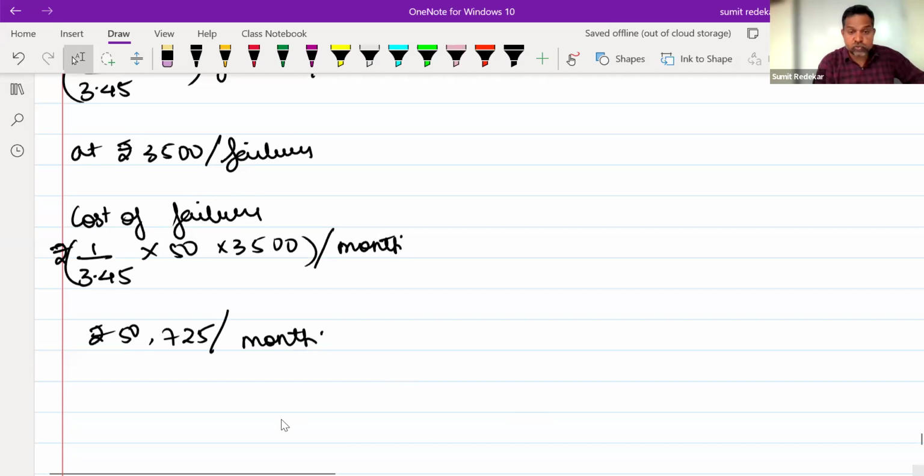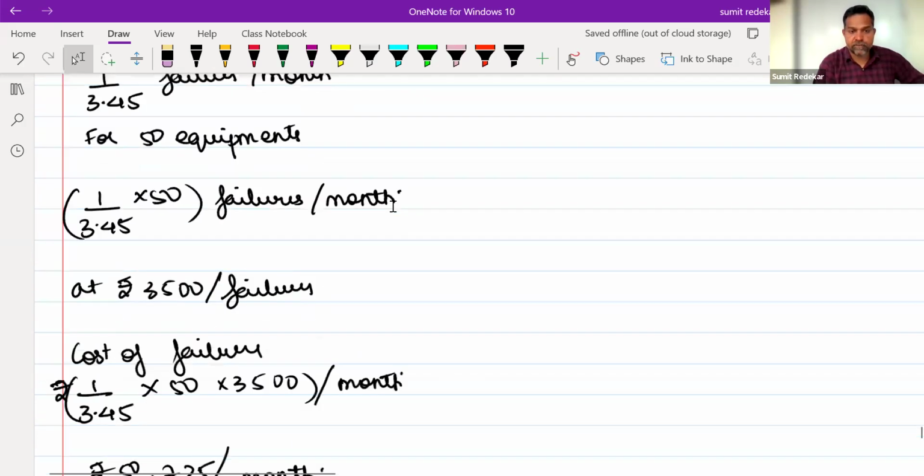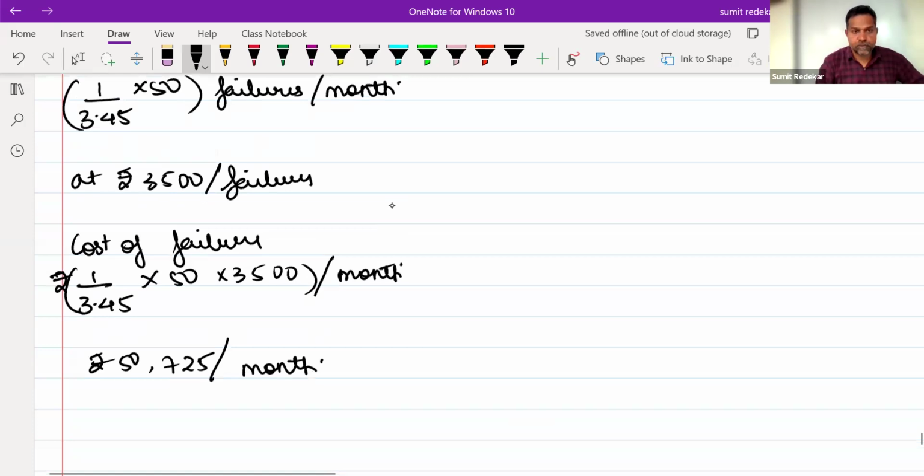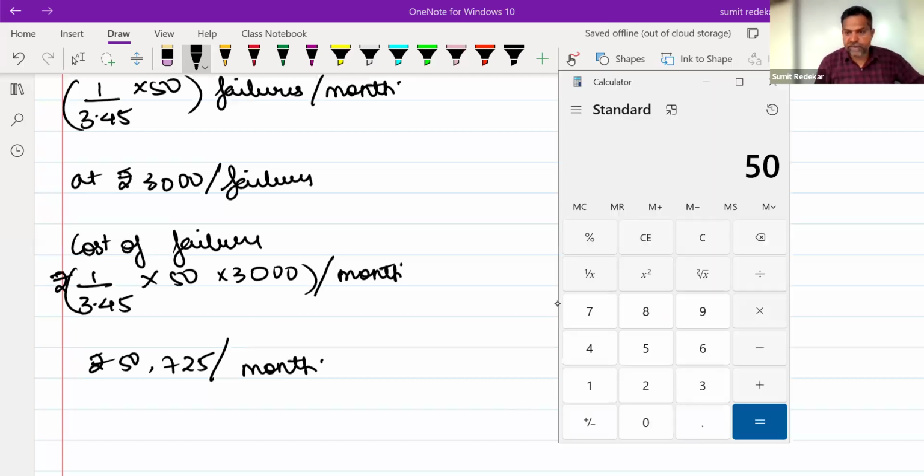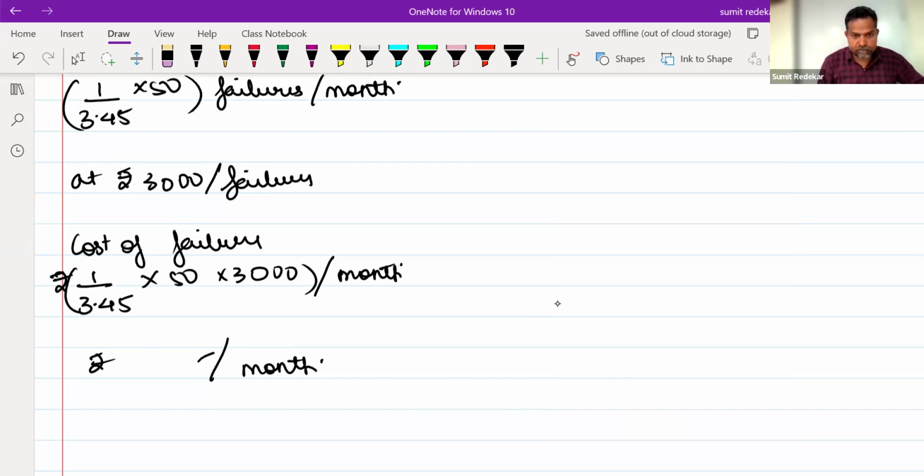What if I also decide to mix this up with preventive maintenance? Now, if I decide to mix this up with, oh, sorry, I'm sorry, it is 3,000 rupees per failure. Yes, I'm sorry. So that's going to be 50 into 3,000 divided by 3.45, which is 43,478.26 rupees per month.